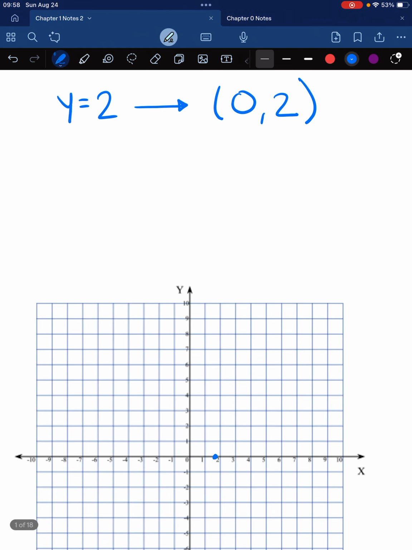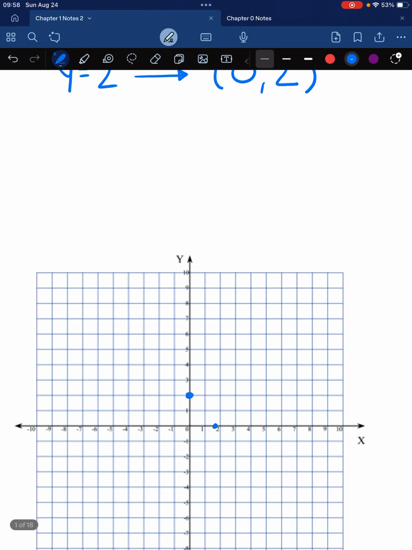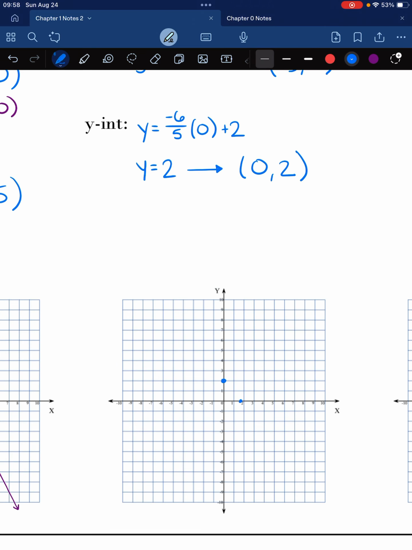And I can go ahead and put that on the graph, 0, 2 is right there. Then I can go ahead and connect this. Let's see. Try to do that as straight as possible. Most importantly, we just go through these 2 points that I indicated earlier.